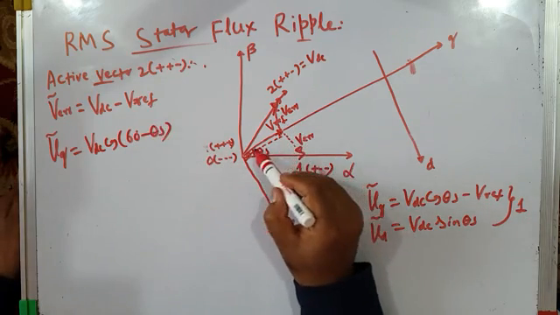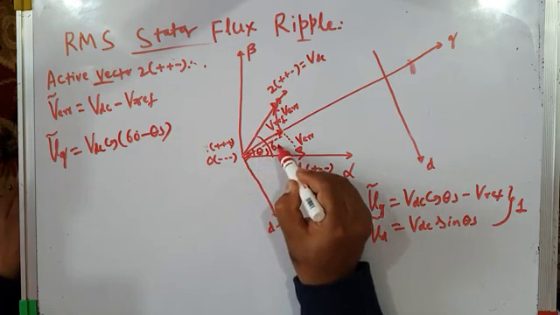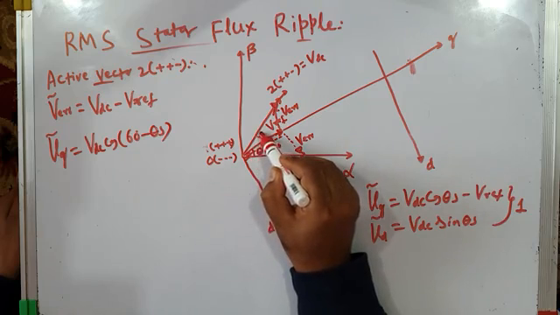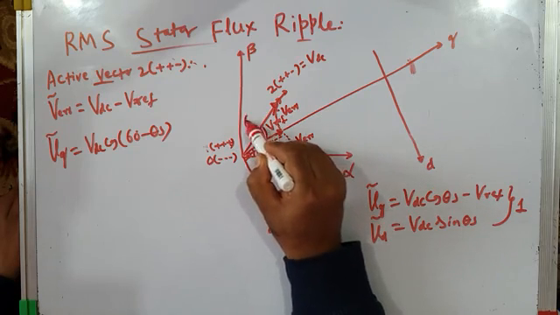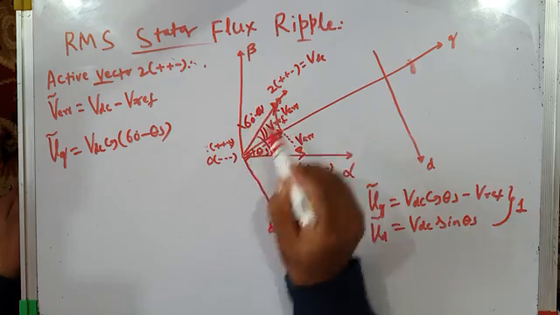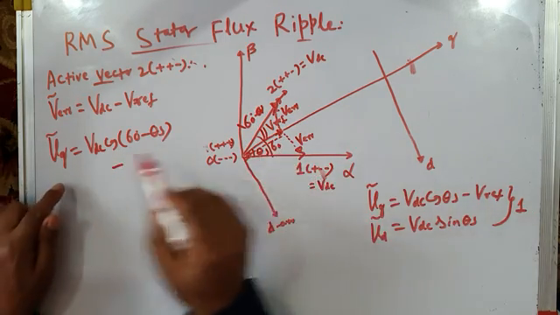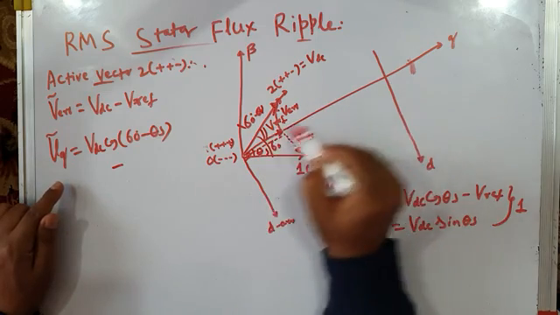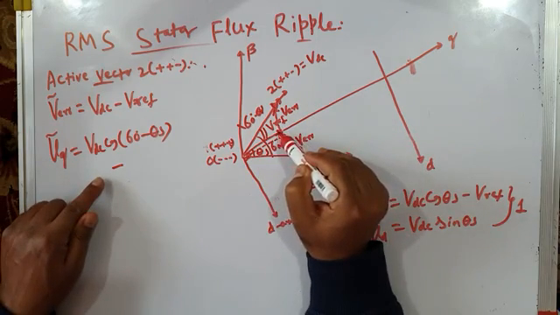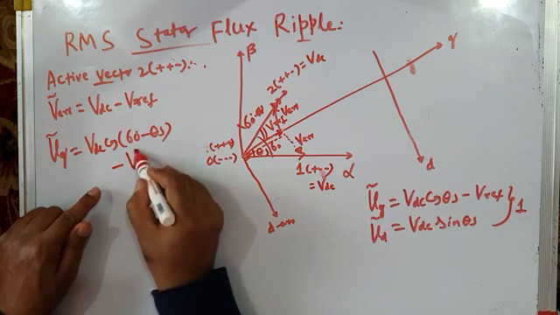It is because this total angle is 60 degrees and this is theta s, so this angle will be 60 degrees minus theta s. So it is VDC cos of 60 degrees minus theta s, the component of the active vector along Q axis, minus the reference vector Vref.